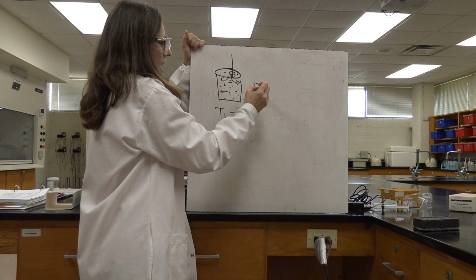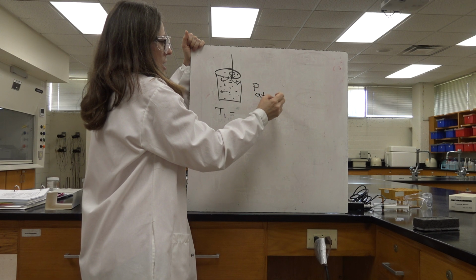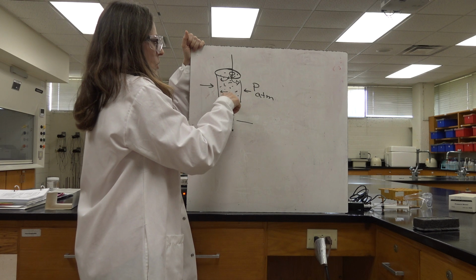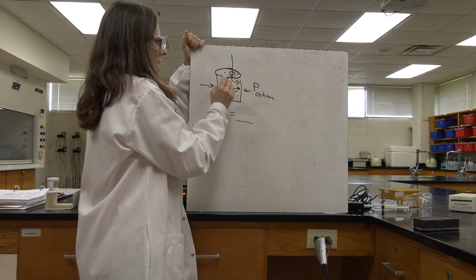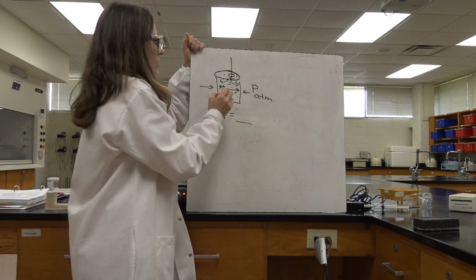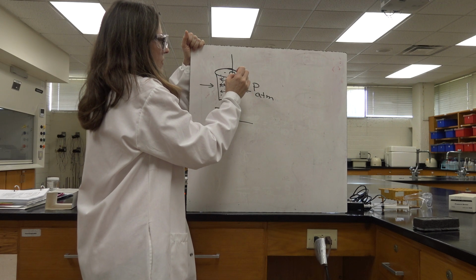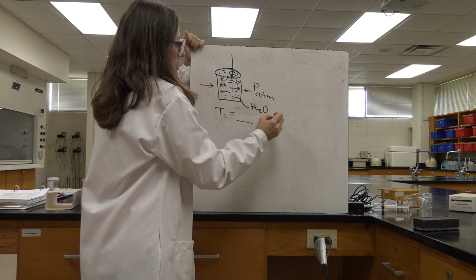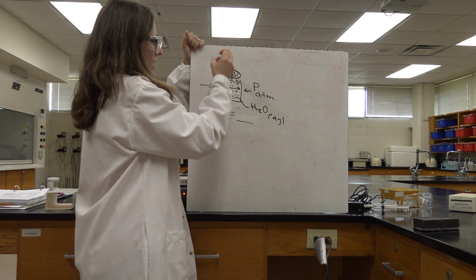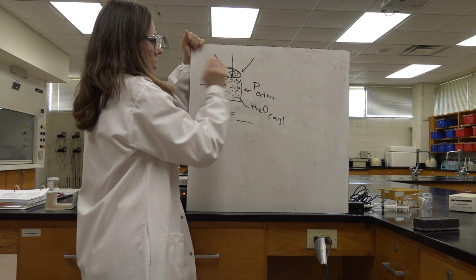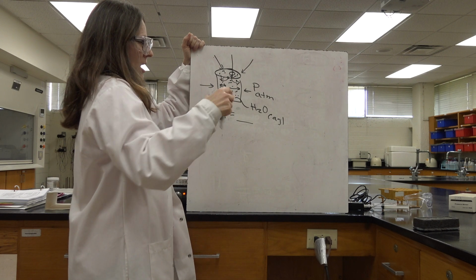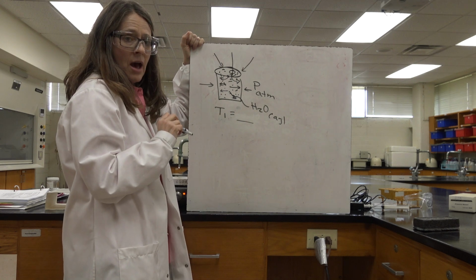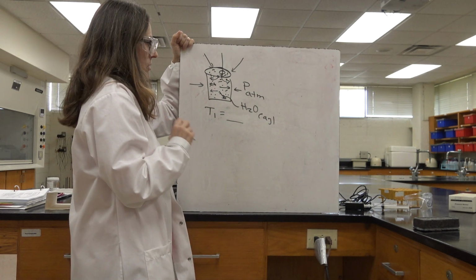In fact, the atmospheric pressure is on the outside of the can pushing, and the water vapor is on the inside pushing out. Now we're going to assume that all of the gas inside of the can is just the water vapor. So we have atmospheric pressure pushing from the outside in, and we have water vapor from the inside pushing out, and the can is stable.